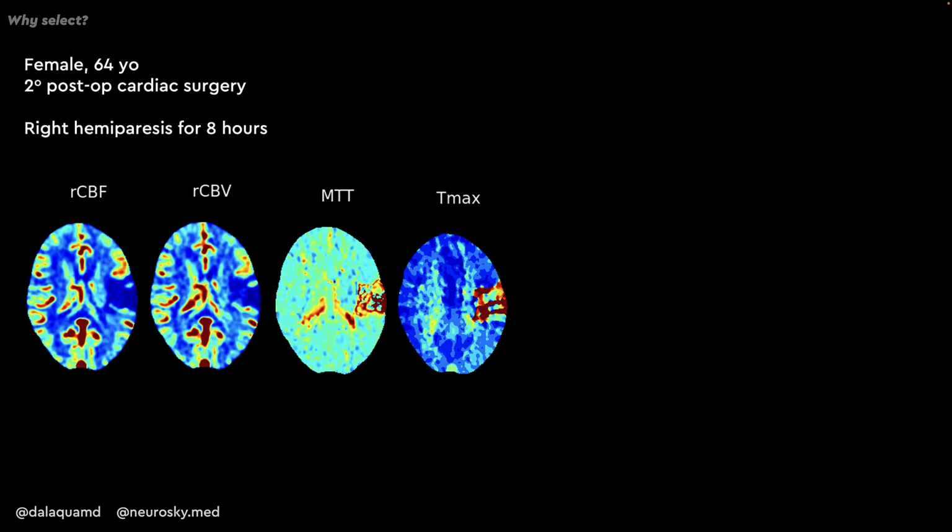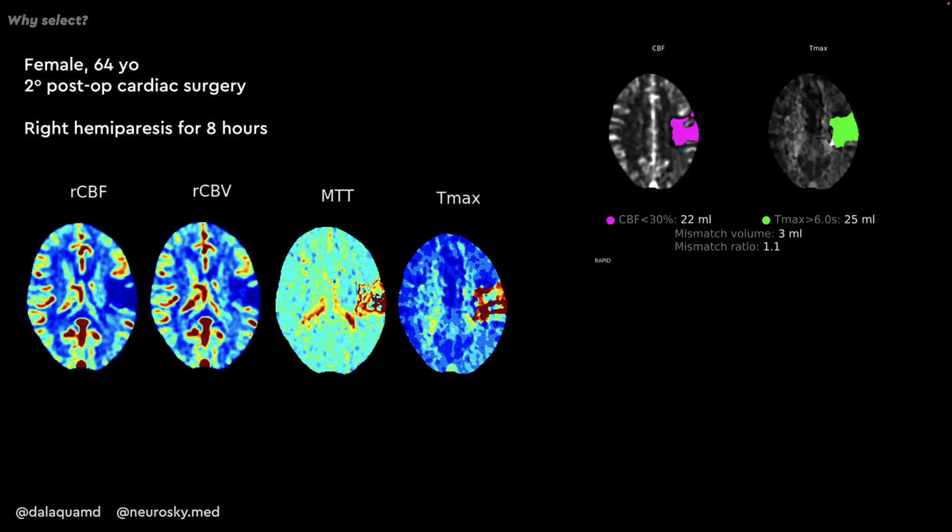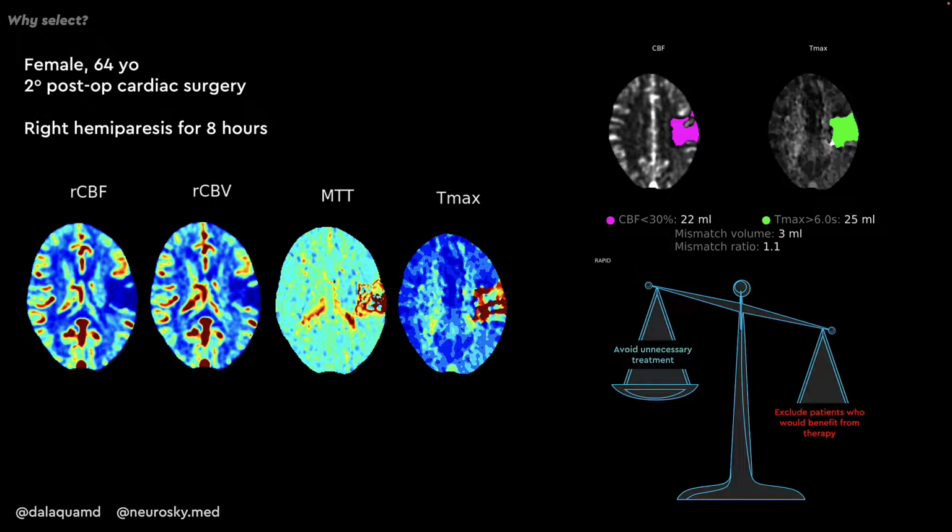So another example: a 64-year-old female patient, on the second day after cardiac surgery, presented with an in-hospital stroke with right hemiparesis for 8 hours, and advanced imaging, CTP, showed that there was no mismatch between core and penumbra. So this is a patient who would not benefit from treatment. In this case, we should avoid unnecessary treatment.